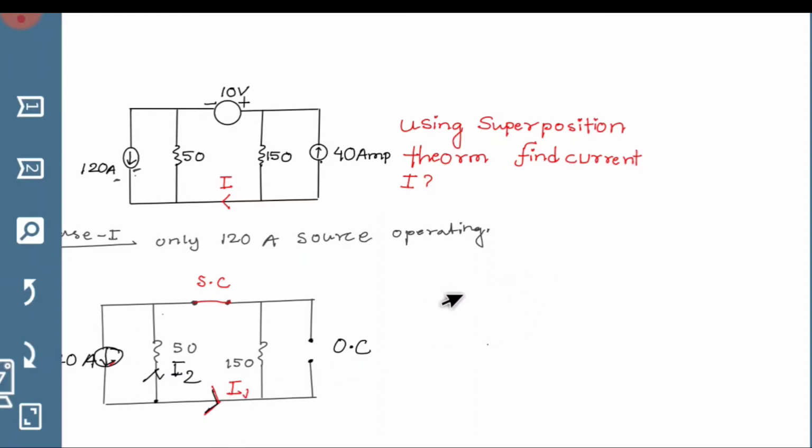So using current divider we know that for this branch the current would be the opposite resistance, that is 50, over the sum of these two resistors, that is 50 plus 150, times the current source, which is 120.